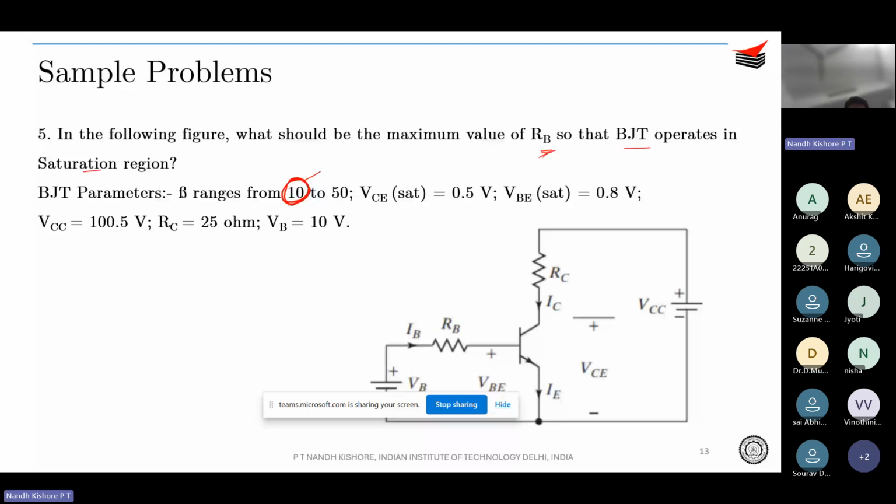Again, we will make use of KVL in the base emitter loop and the collector emitter loop, and then just go ahead and solve. So apply KVL in the base emitter loop. What do you end up with?